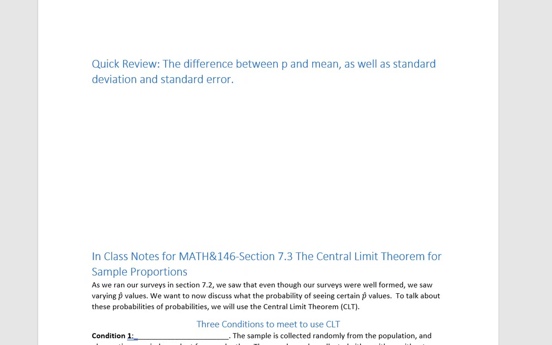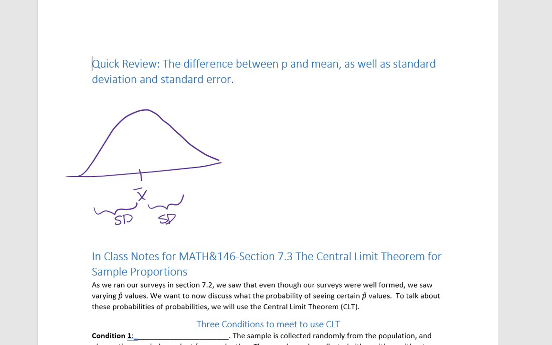Alright, so we're going to start off, before we get into 7.3, with a quick review about what's the difference between p and the mean, as well as standard deviation and standard error. So, on one side, we have the mean, and then we have about how far we expect each observation to be off, which is the standard deviation.